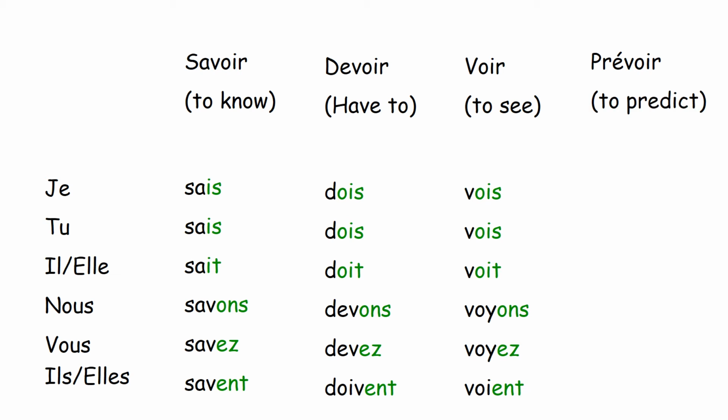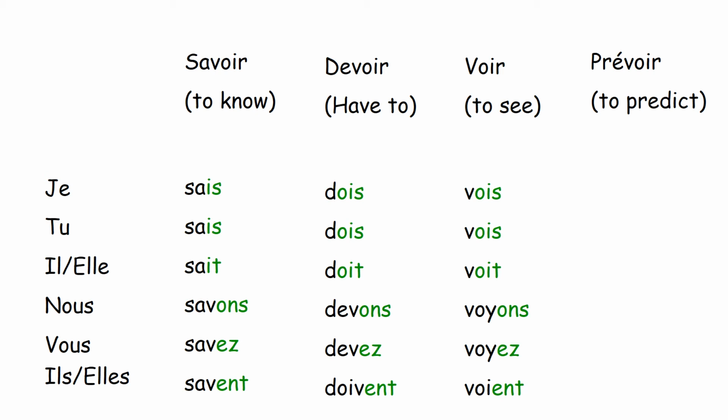Then prévoir, to predict. These meanings that I'm giving for these verbs are only one meaning, but there are many other meanings of the same verbs as well. There are several circumstances for these verbs that you will learn as you improve your French. You will keep learning and understand how you can use them in different circumstances.